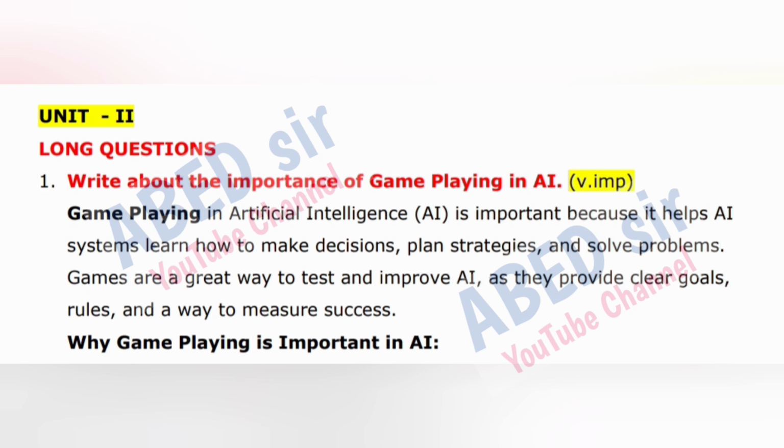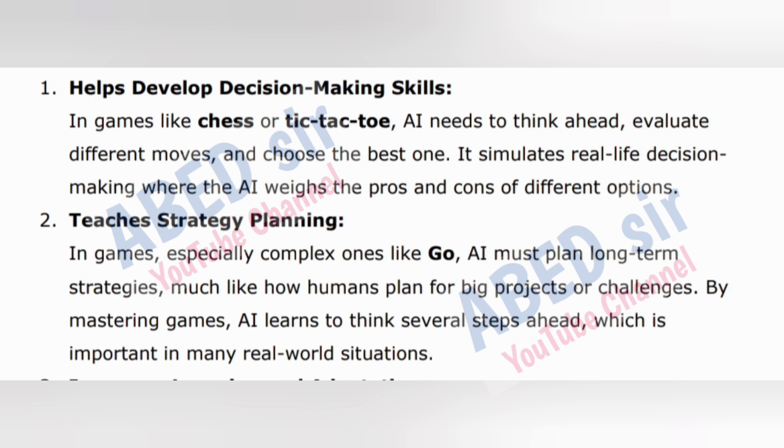Why game playing is important in AI? 1. Helps develop decision-making skills. In games like chess or tic-tac-toe, AI needs to think ahead, evaluate different moves, and choose the best one. It simulates real-life decision-making where the AI weighs the pros and cons of different options. 2.